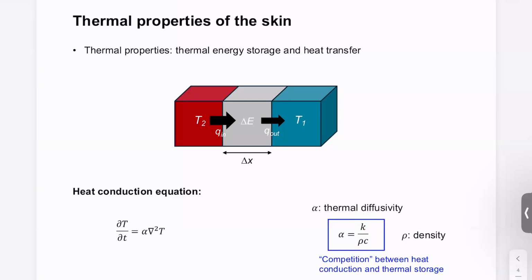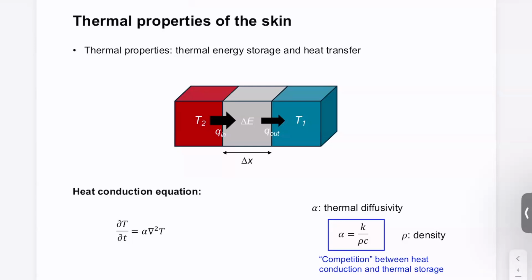Alpha characterizes the competition between heat conduction and thermal storage, because the more heat you conduct, the less energy you store. So it's like two competing processes, and alpha characterizes the relative competition between them.